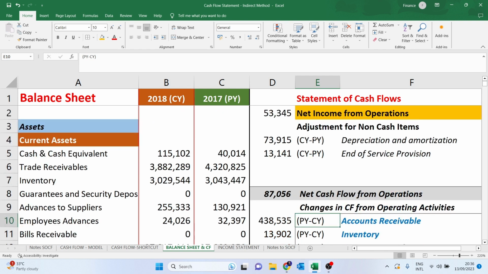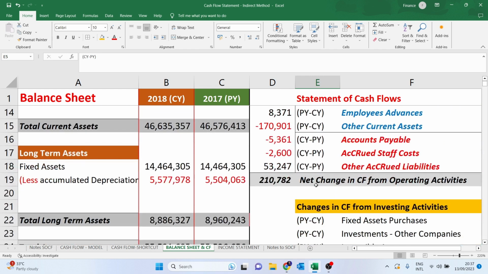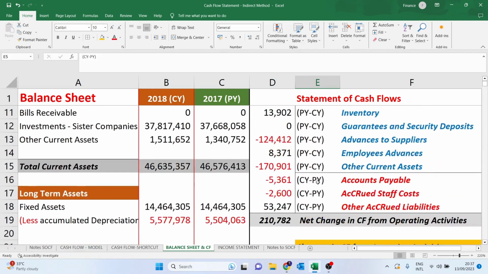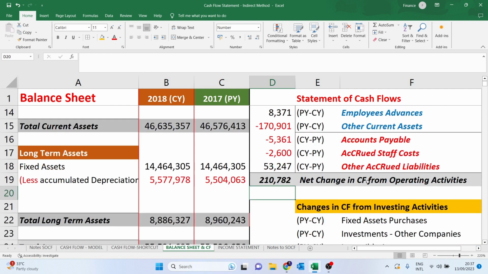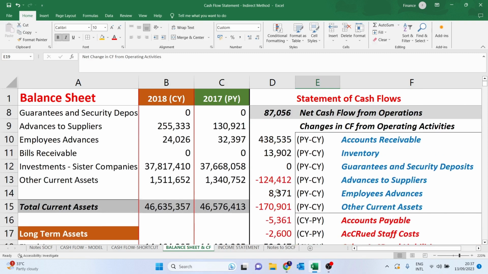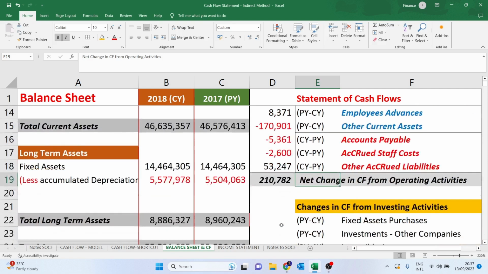Here also we applied current year minus previous year. This is just opposite. So the same way, whatever we have calculated the non-cash items, we calculate the current liability section, current year minus previous year. So we got 210,000 as the net change in cash flow from operating activities, from current assets and current liabilities.